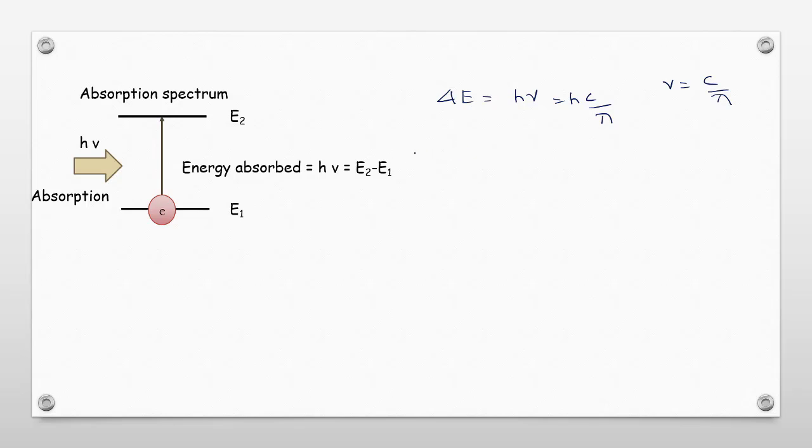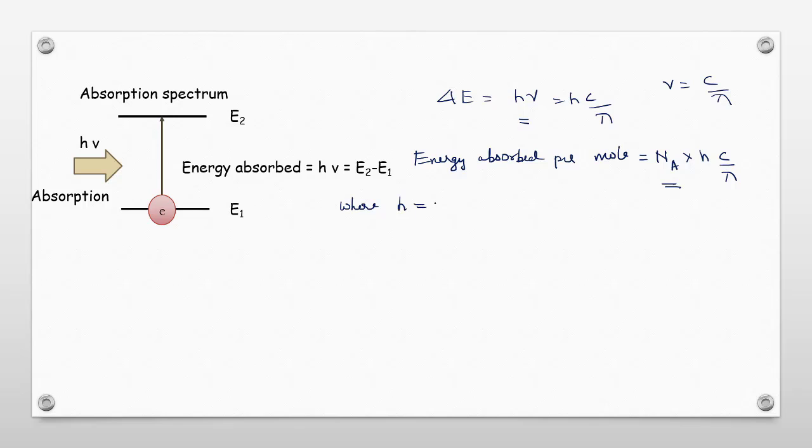Energy absorbed per mole is equal to Na into hc by lambda, where Na is the Avogadro number. So this is the energy of one photon and this is the energy of 1 mole of photons absorbed.